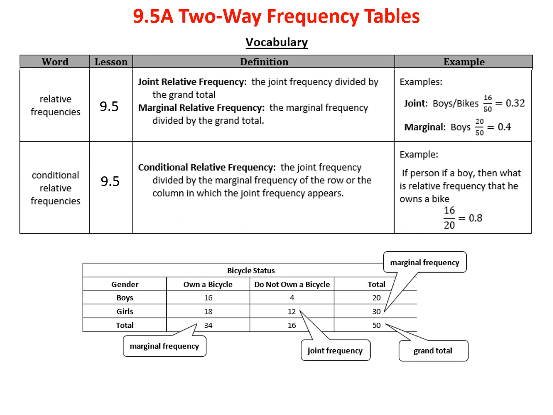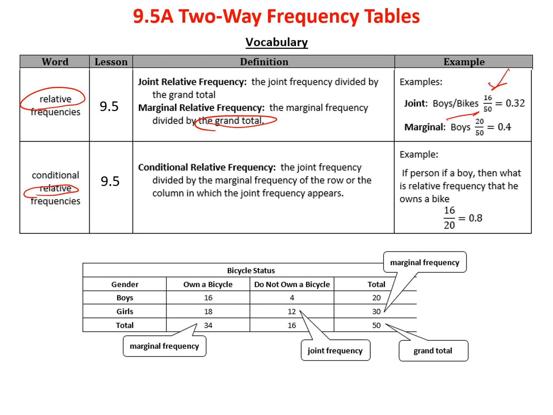The next two vocabulary words have to do with relative frequencies. See the words relative frequencies and conditional relative frequencies. Whereas the frequencies before were strictly the number, when you use the word relative, you're relating them to something else. And in this case, on relative frequencies, we're relating them to the grand total. So if I take the number of boys who had bikes, for example, that was 16.